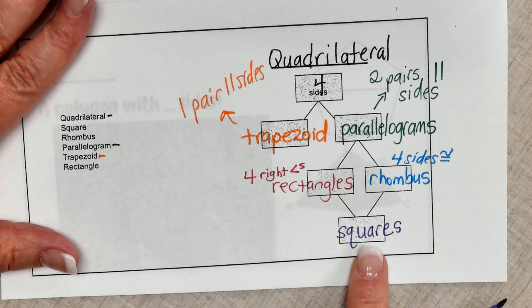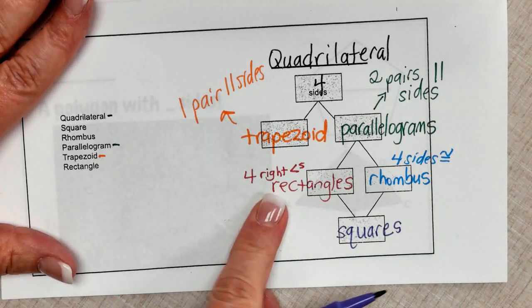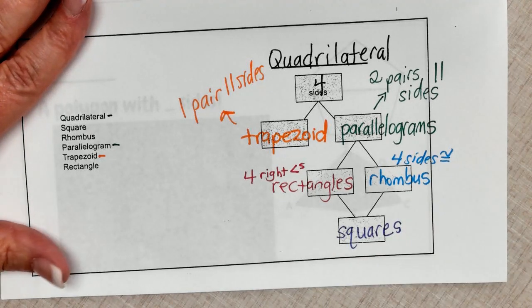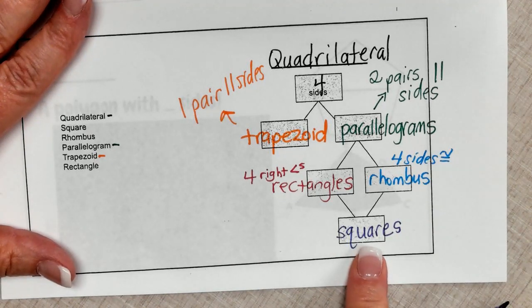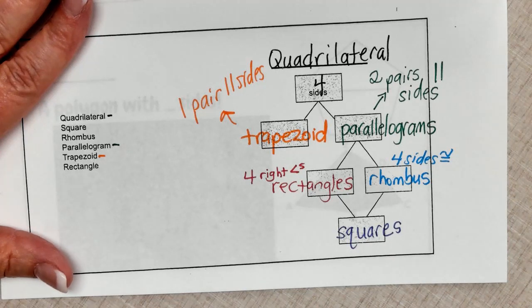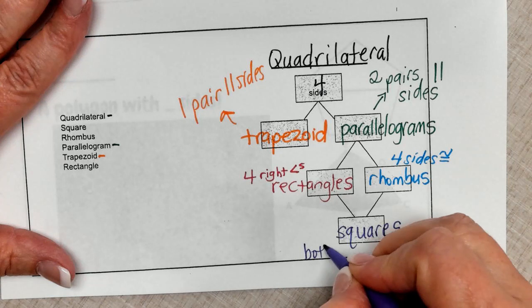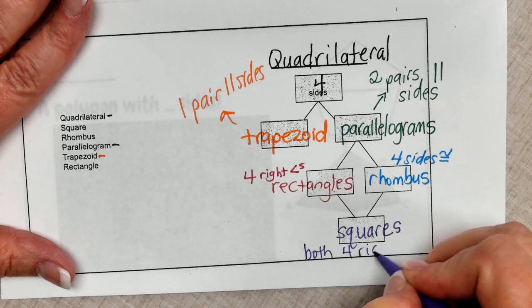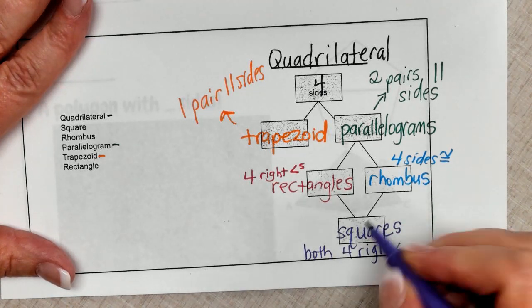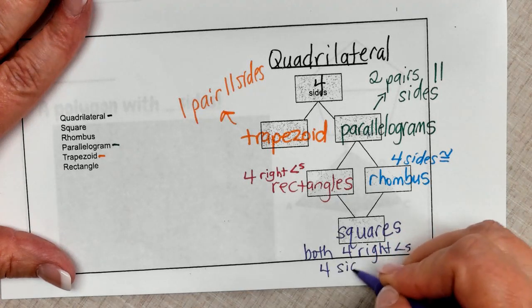We said the squares had their daddy's right angles and their mommy's congruent sides. So the squares are the most named or most specific kind of quadrilateral. They have both 4 right angles and 4 sides congruent.